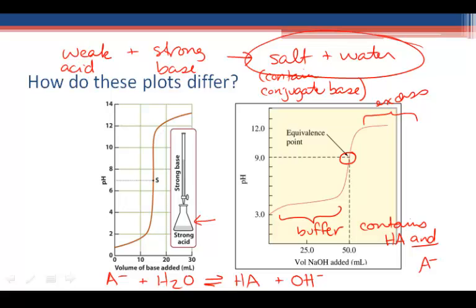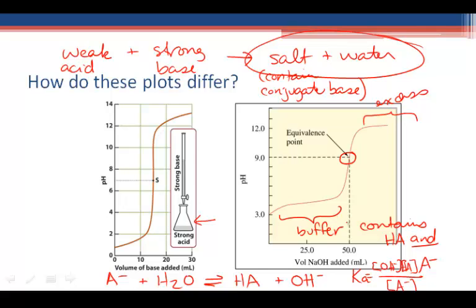We can use our Ka expression, that should be HA. At this point, we can use our Ka expression to figure out things like the pOH or the pH at the equivalence point.